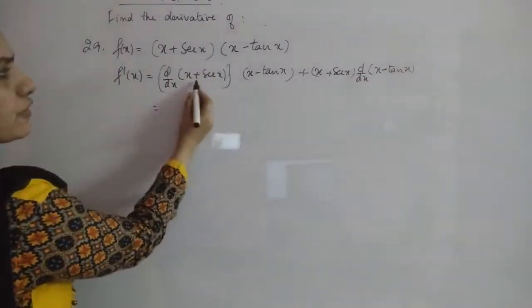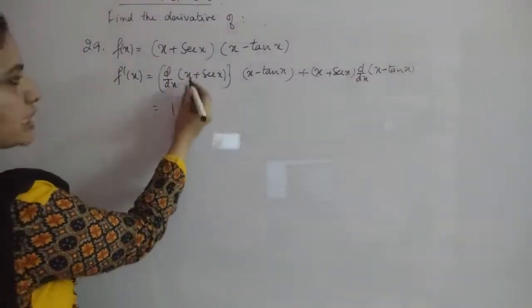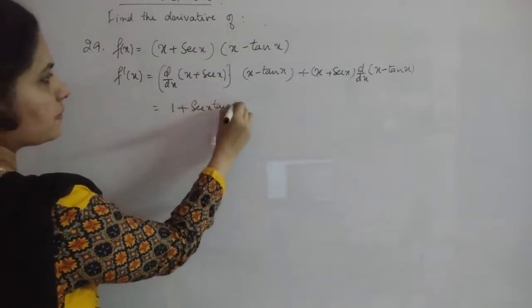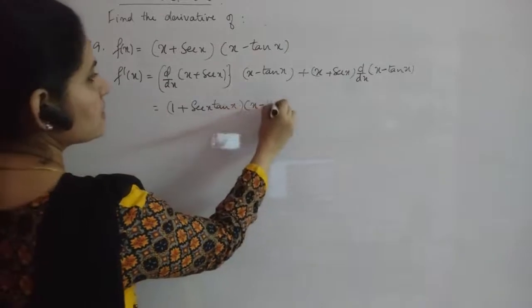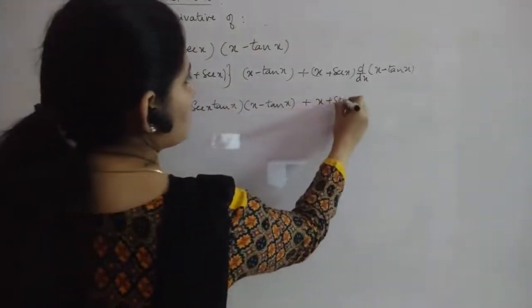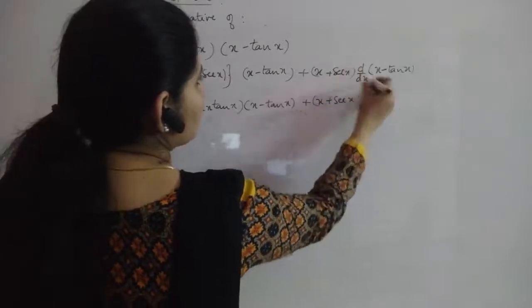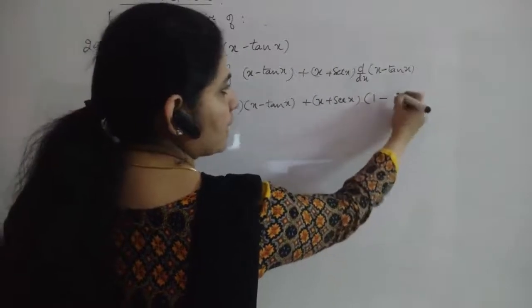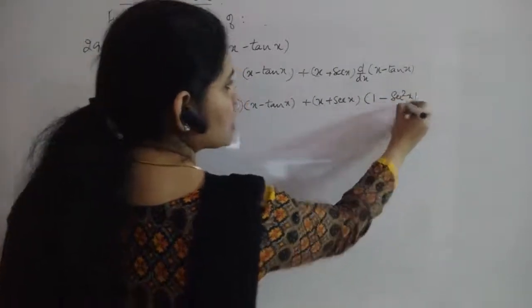So here the derivative of x plus sec x will give you derivative of x, 1, plus derivative of sec x, sec x tan x, into x minus tan x plus x plus sec x into derivative of x minus tan x. Derivative of x is 1, derivative of tan x is sec square x. So it is 1 minus sec square x.